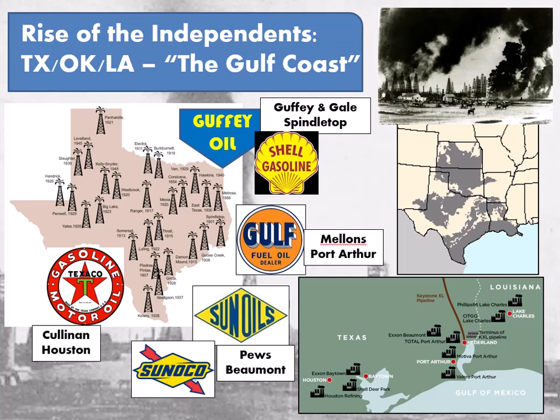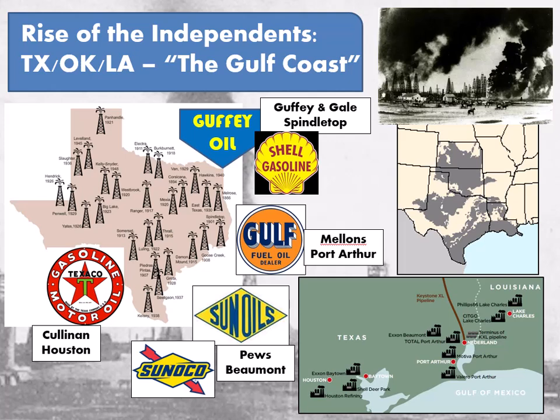Just a few years later, in 1905, the Glen Pool gusher is going to burst in Oklahoma, just outside of Tulsa. That is going to send prospectors up and down this coastal plain and east into Louisiana, and there's going to be a series of discoveries that's going to make Texas, or what we refer to as either the Gulf Coast or Texas oil, by far the largest oil producing region in the entire world.